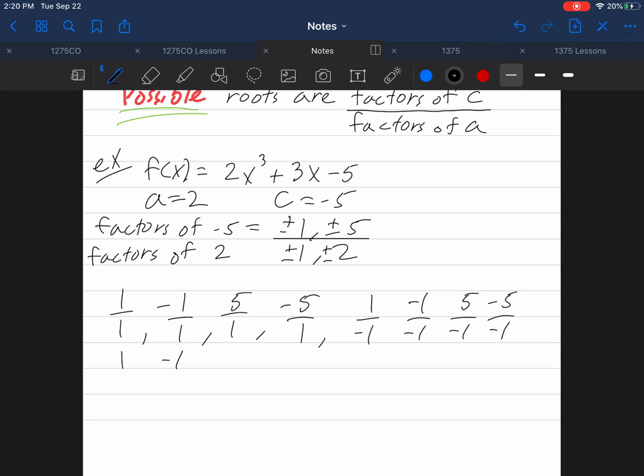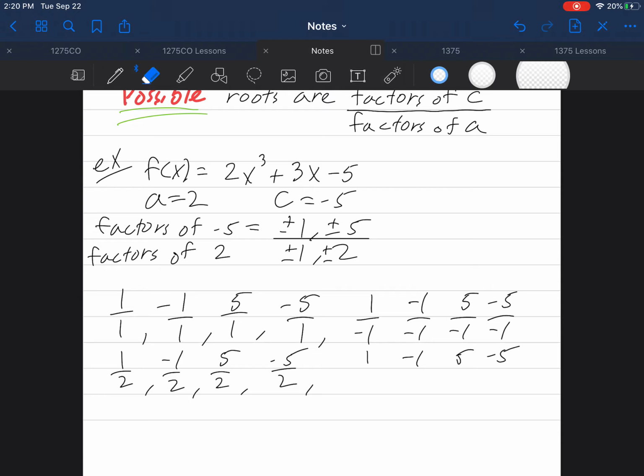That's 1, -1, 5, and -5. And if we put these over this same denominator of +2, that gives us four more possibilities. Again, the same four numerators, 1, -1, 5, -5, on the numerator, and our very last fourth denominator here, which is -2.